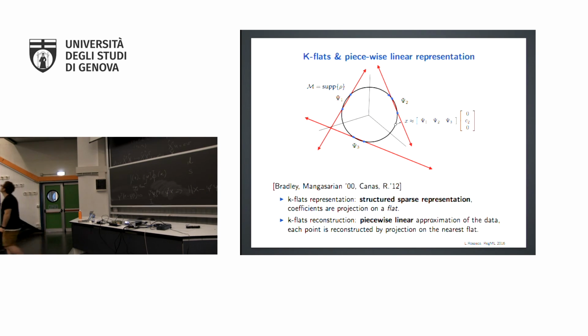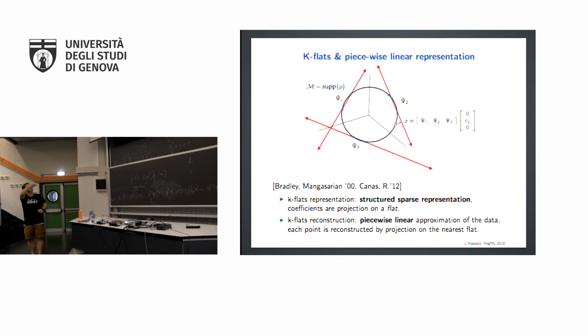You have this psi1, psi2, psi3. Each of these is an orthonormal basis of that subspace. So as he just said, you have a collection of subspaces. Each one has an orthonormal basis because it's a PCA. First of all, you assign the point to a subspace, and then you compute the coefficients in that subspace. So by assigning the point to that subspace, you decide who's 0.